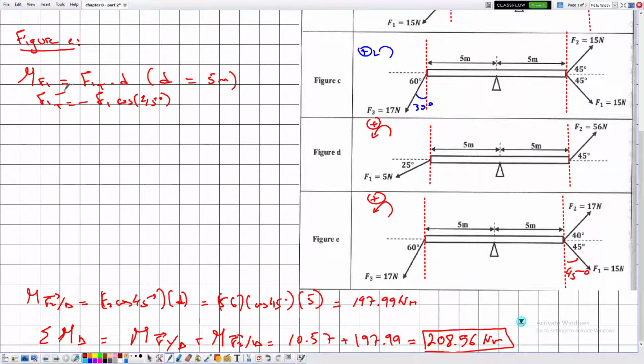So plugging this expression in, the moment of the force F1 along the axis delta is equal to minus F1 cosine 45 multiplied by D. So minus the value of F1, which is 15, multiplied by radical 2 over 2, which is the value of cosine 45, multiplied by 5. Plugging this into the calculator, the moment of the force F1 around the axis of rotation delta is minus 53.03 Newton meter.